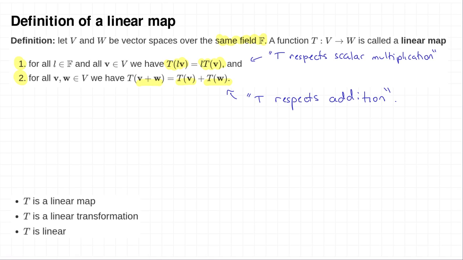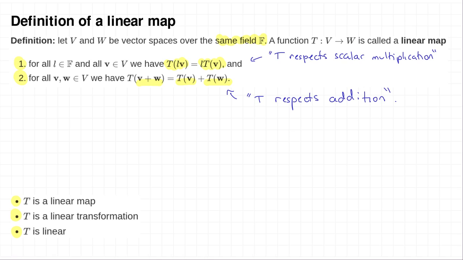The property of linearity is so common that it has several different names. So sometimes people will say T is a linear map between two vector spaces. They may even say T is a linear function between two vector spaces. They may say T is a linear transformation, or they may say T is linear.